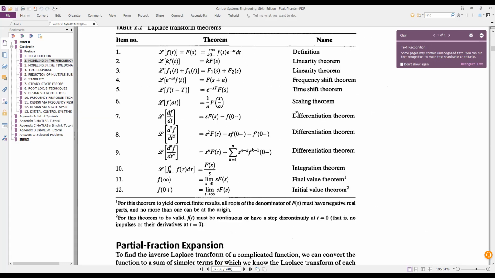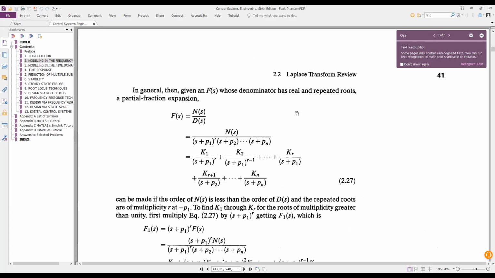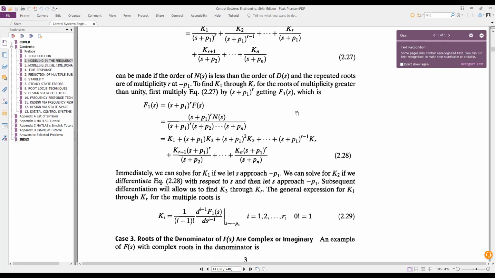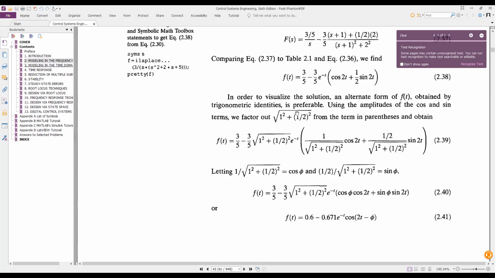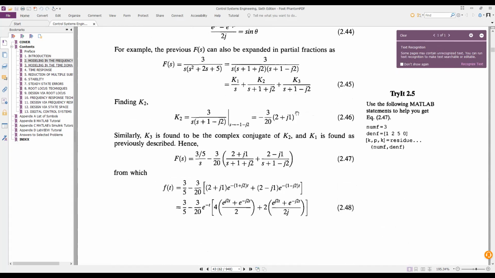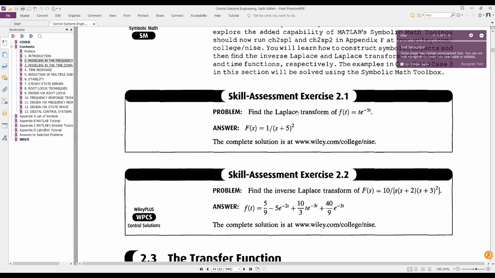So far we have completed the examples up to 2.5. We have seen the partial fractions here. We do need the technique of how to solve. See, some skill assessment exercises are there. Find the Laplace transform of f(t) equals t e to the power minus 5t.